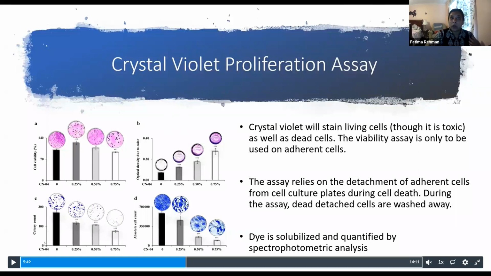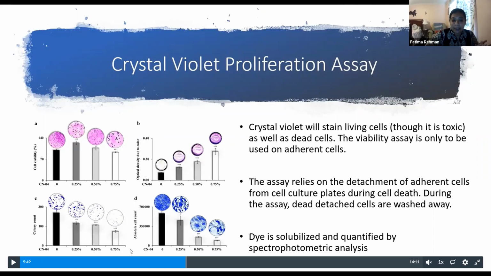So especially for looking at how aggressive a cancer is, how tumorigenic a cell line is, we run this experiment called a colony formation assay or tumorogenicity assay. In that case, crystal violet staining is a very easy way to stain those colonies of cells, and then observe them under the microscope and count how many are there, how big they are, all that good stuff.